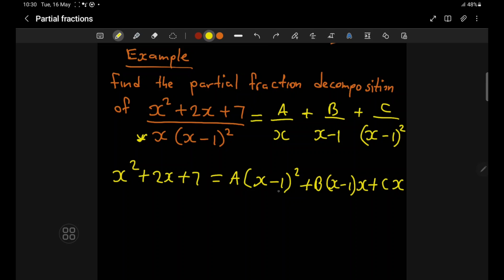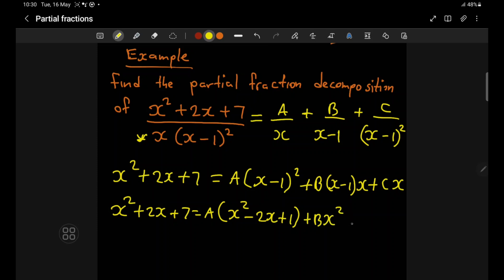So we can expand this expression and also expand this expression. So we'll have x squared plus 2x plus 7 is equal to, expanding this, a times x squared minus 2x plus 1. Then here we'll have bx squared minus bx plus cx. Then we can have a multiply through.